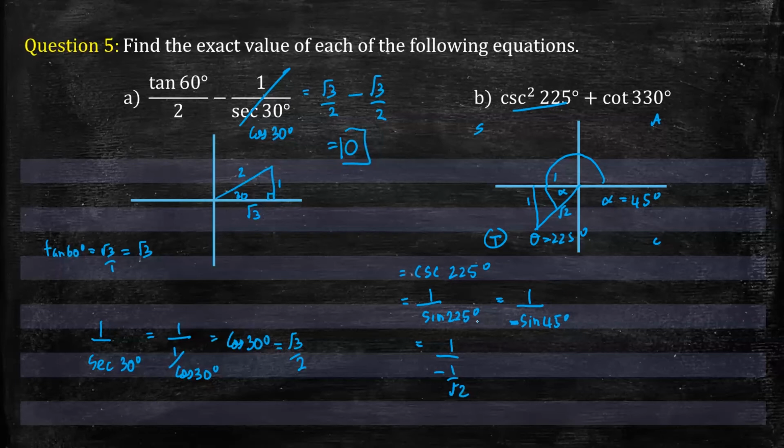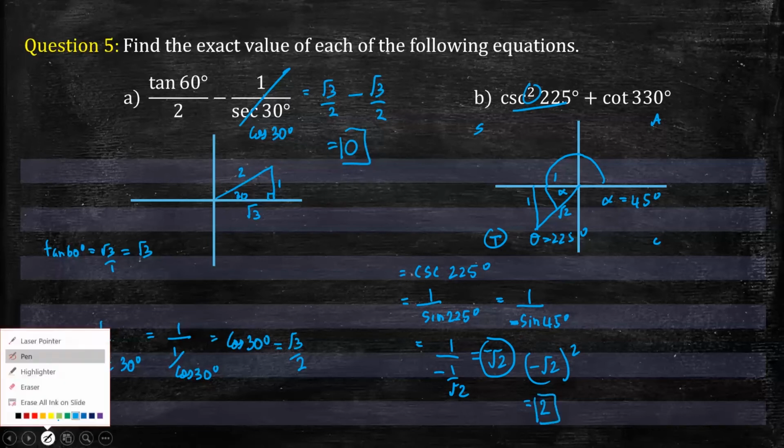And so if you have 1 divided by negative 1 on root 2, you're going to get negative root 2 for this part here. But notice that we haven't squared it yet because we want to do cosec squared 225. So we have to square that number because you're squaring cosec 225. So that's going to give you 2 for this part here.